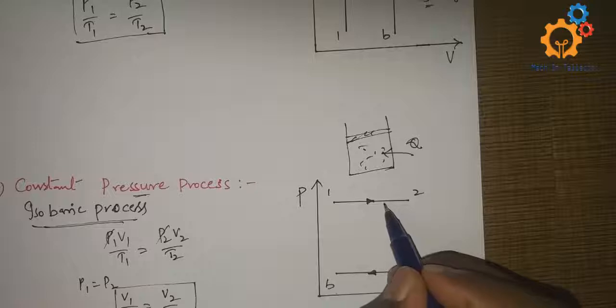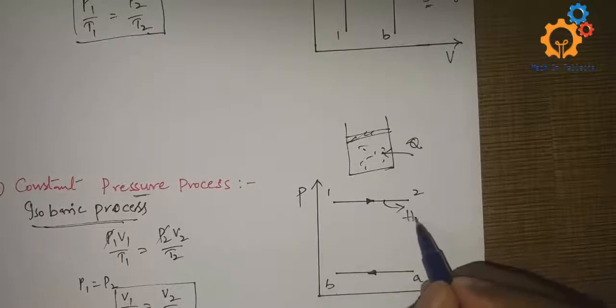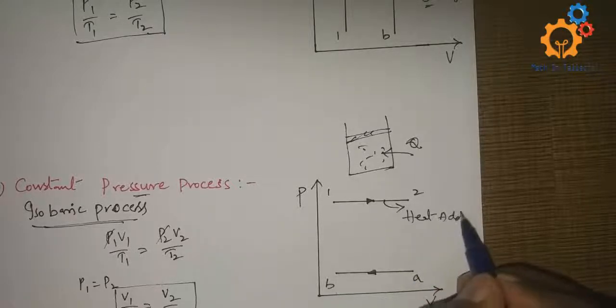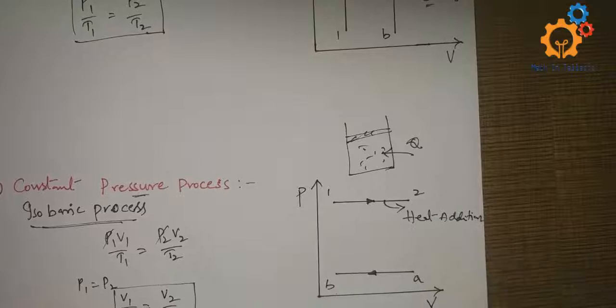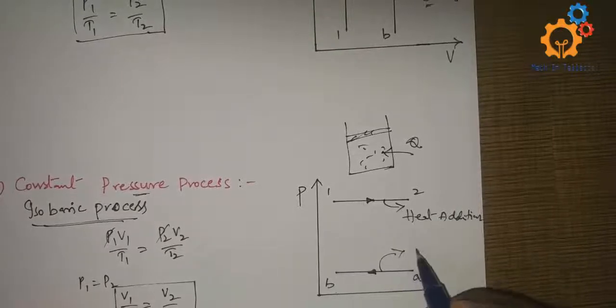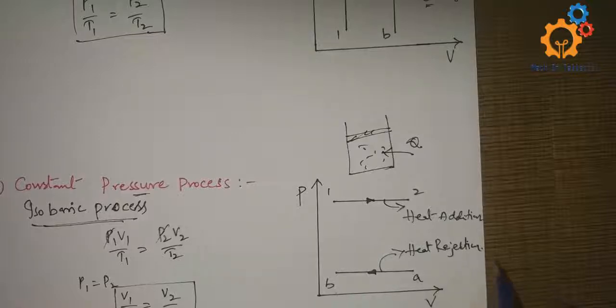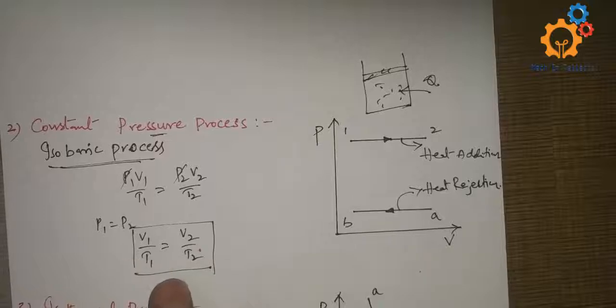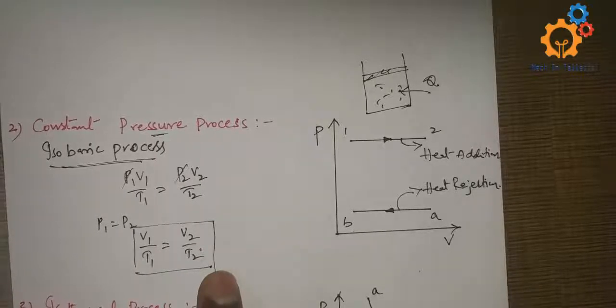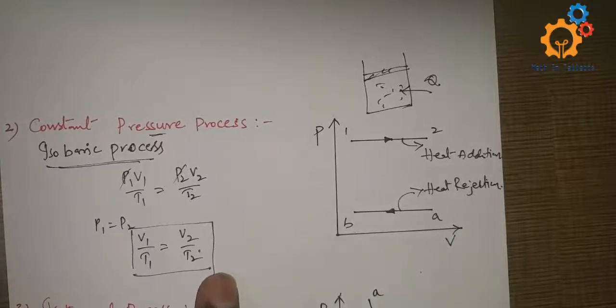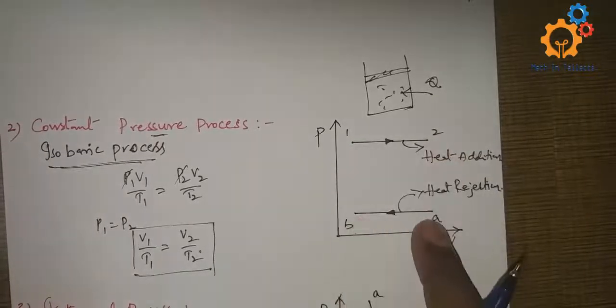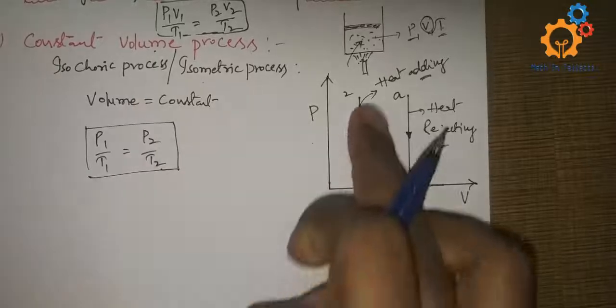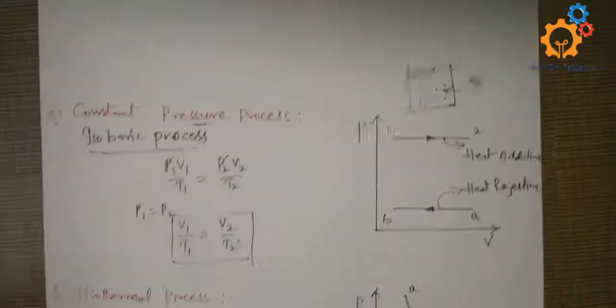This is for heat addition, and this is for heat rejection. Understand? So for the constant pressure process, the ideal gas equation would be V1 by T1 is equal to V2 by T2. Pressure is constant, it is a horizontal line. In the constant volume process, it is a vertical line.